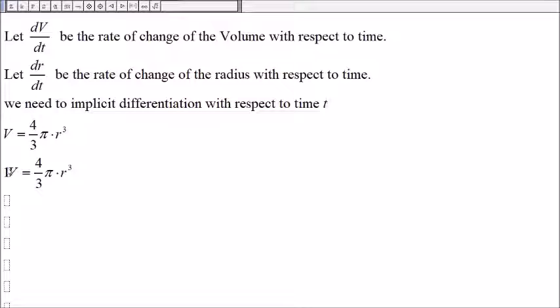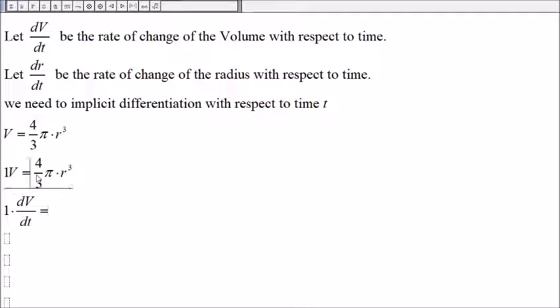So here the variable is V, and we're taking the derivative with respect to time, so we'll use the chain rule. We'll do the regular derivative. The derivative of 1V is just 1. And then since the variable here is V, and we're doing the derivative with respect to time, we need to multiply by the derivative of V with respect to time.